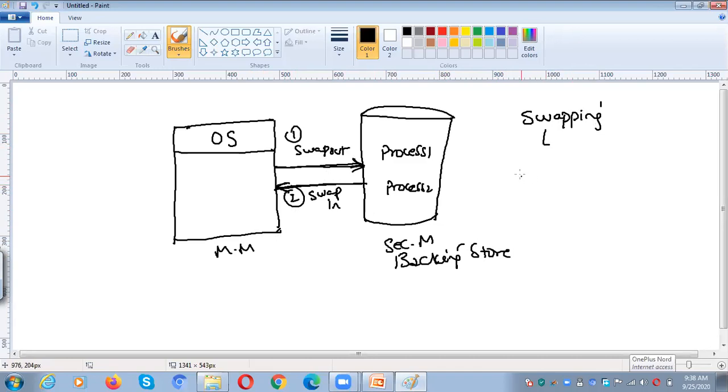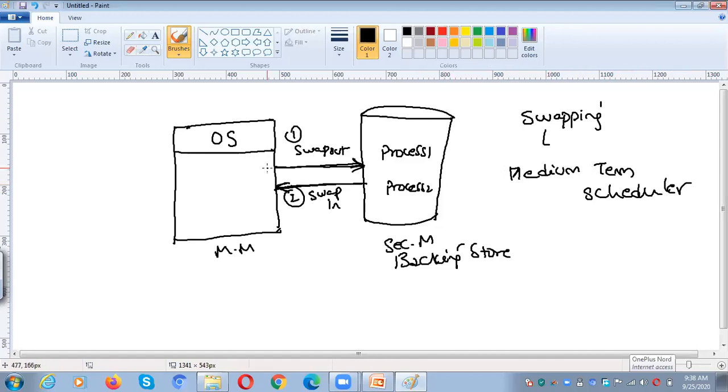Okay, who will take care of swapping? I already told you, the medium term scheduler will take care of swapping. So usually when we are running a process, the partially completed process will be swapped out from main memory to the secondary memory. A bit later, the process will be moved back to the main memory from the secondary memory.